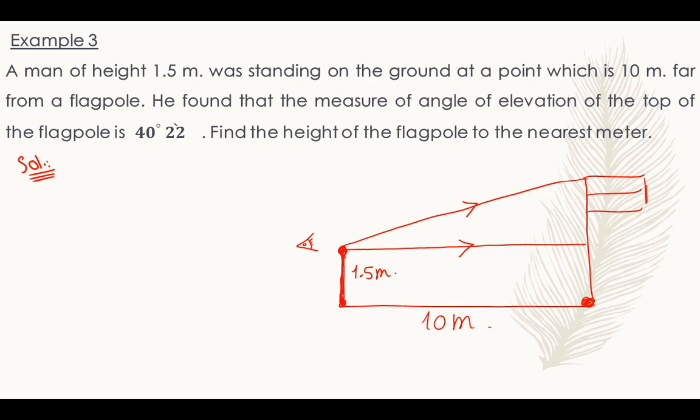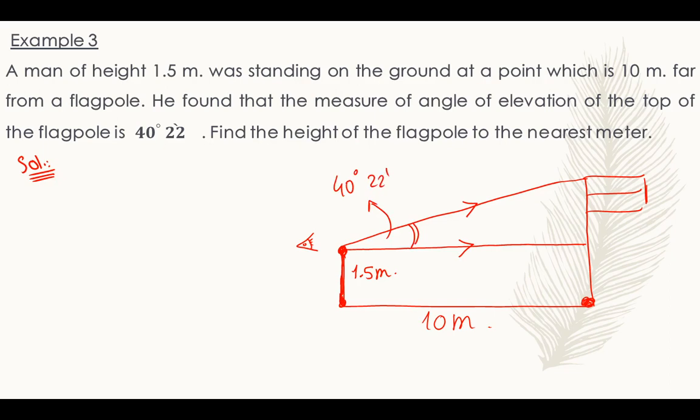So the angle of elevation is the angle between the horizontal ray and the ray that goes to the object. So this is the angle of elevation, which equals 40 degrees and 22 minutes.